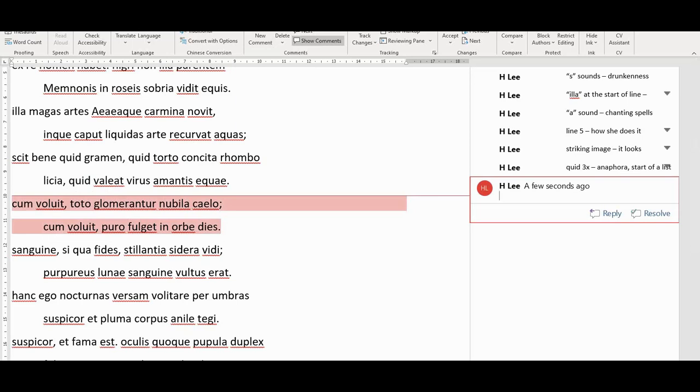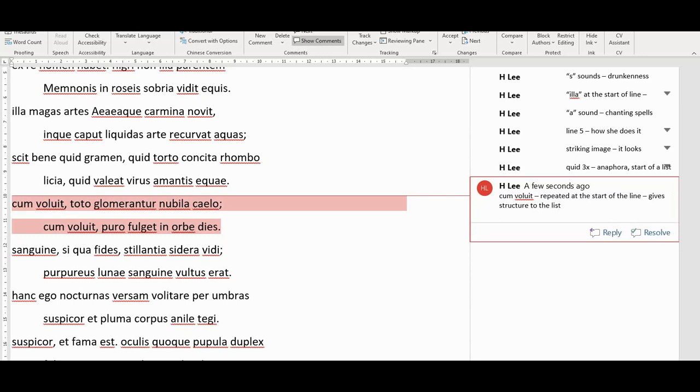In this part, you've got cum voluit, which are repeated at the start of the line, and it does that in order to give structure to the list.